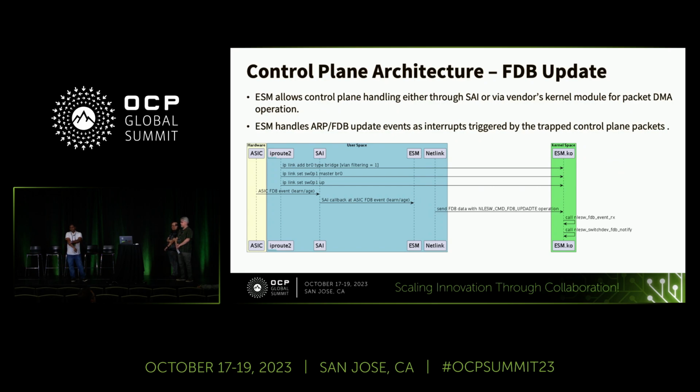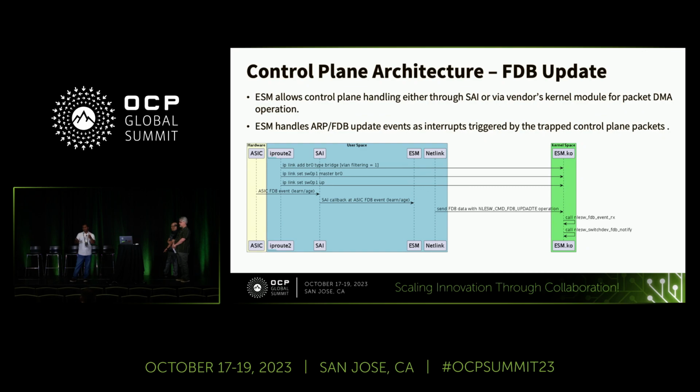So let's discuss some of the L2 switching or FDB updates. After programming the ASIC with the necessary bridges, VLAN aware or unaware bridges, any FDB learnt event is triggered based on a packet getting punted, which will eventually be turned into a signal through SAI that updates the kernel saying we have a new MAC address that needs to be learned, right?